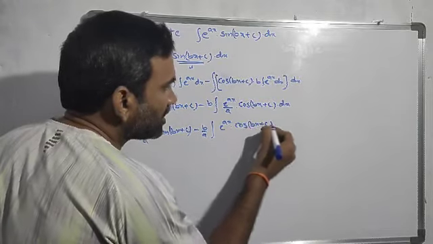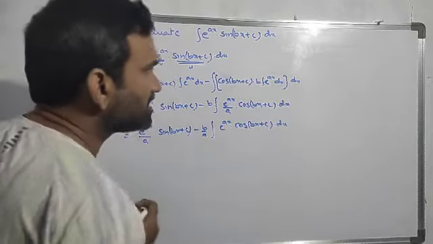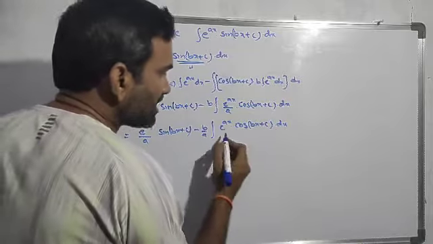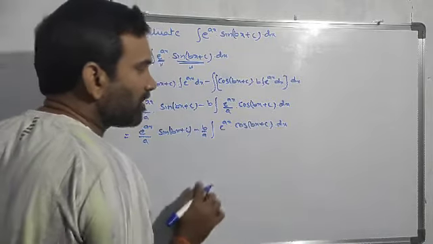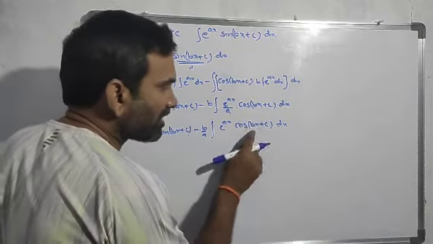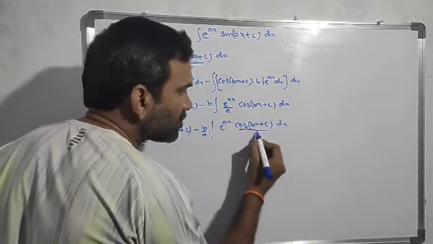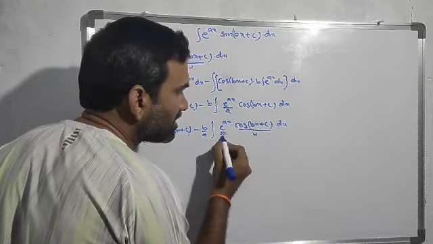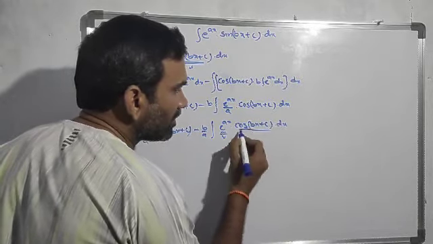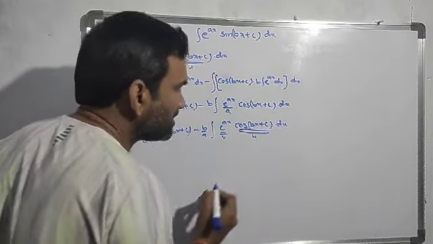plus c into dx. Just observe that here also we have two functions, an exponential function and a trigonometric function. Here also I am taking this as u and this as v.